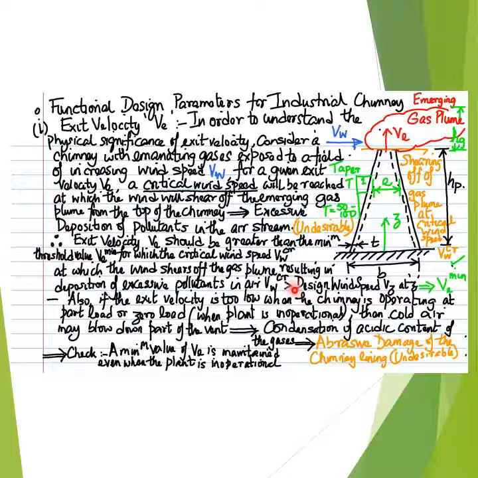Since the design wind speed at the site, that is the actual wind speed at the site Vz at the relevant height Z at the top of the chimney, is less than the critical wind speed that is required to shear off the emerging gas plume, which is an undesirable condition.